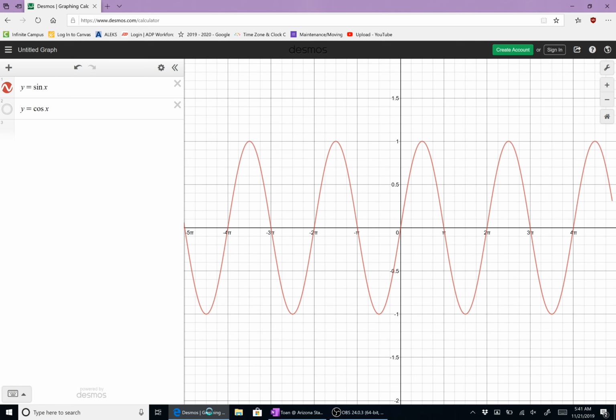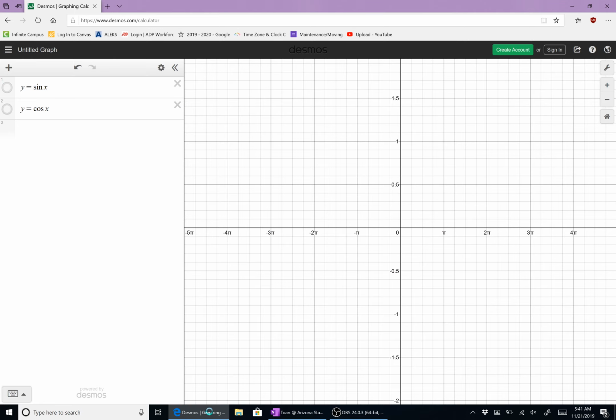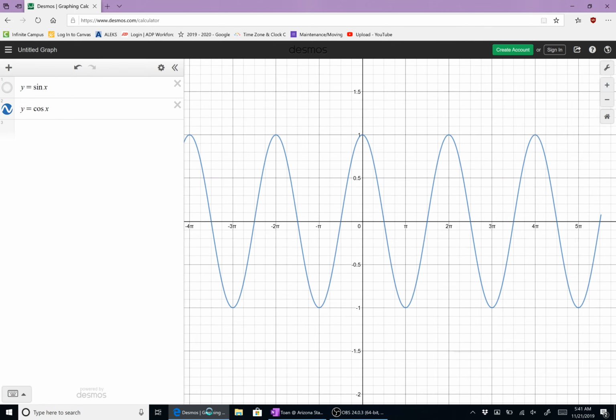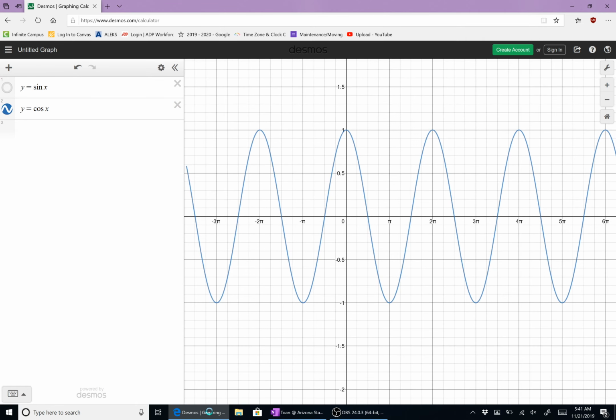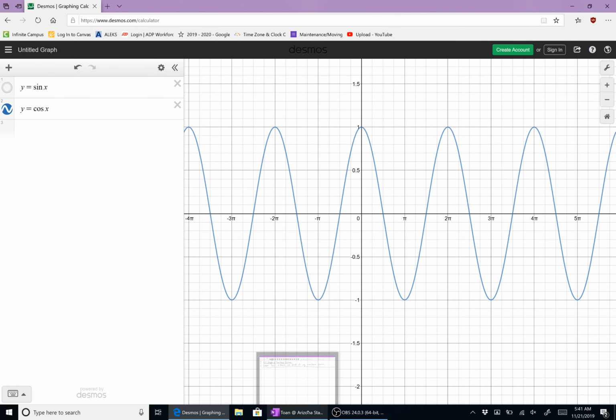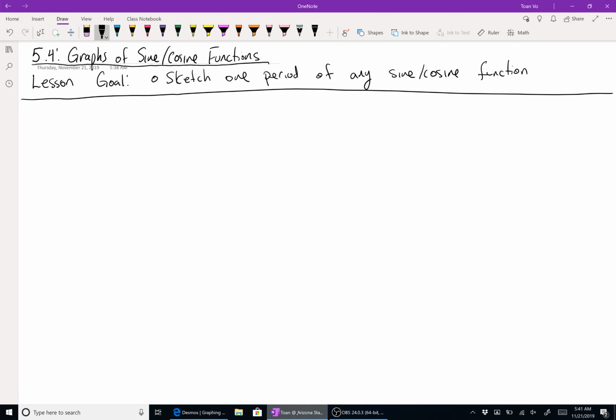And cosine is going to be the same way. Cosine just keeps repeating. So for most students, trig functions are the first periodic functions that they will ever encounter.